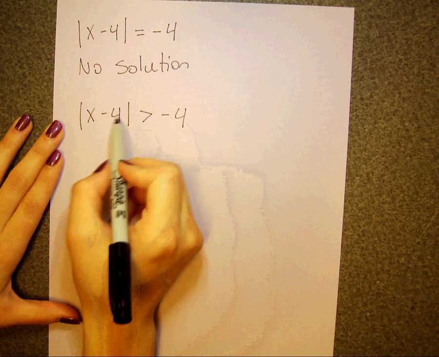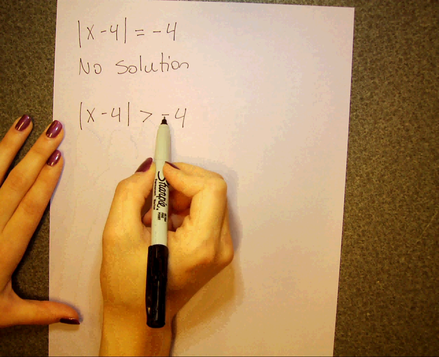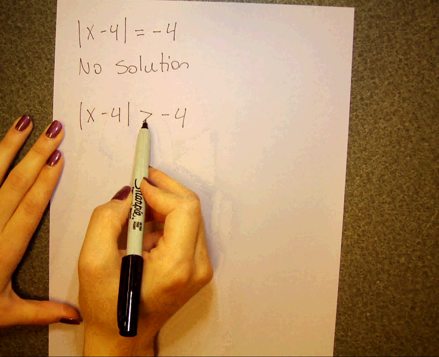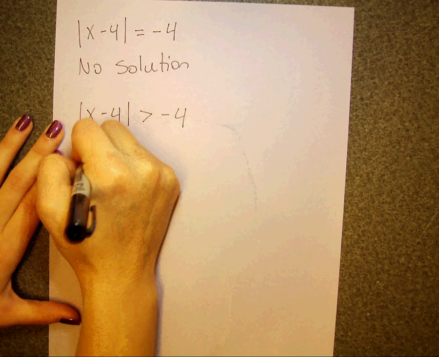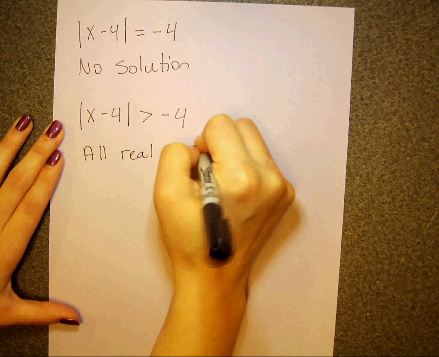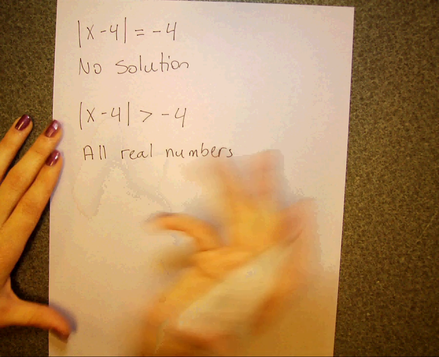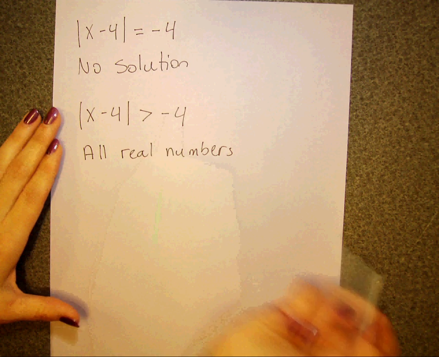Well, no matter what I take the absolute value of, it will always be greater than a negative number. So if I end up with the absolute value of something is greater than any negative number, then my solution is all real numbers, meaning all of them, right? Because it does not matter what I take the absolute value of, it will always be positive or 0. So it'll always be greater than whatever negative number I have.